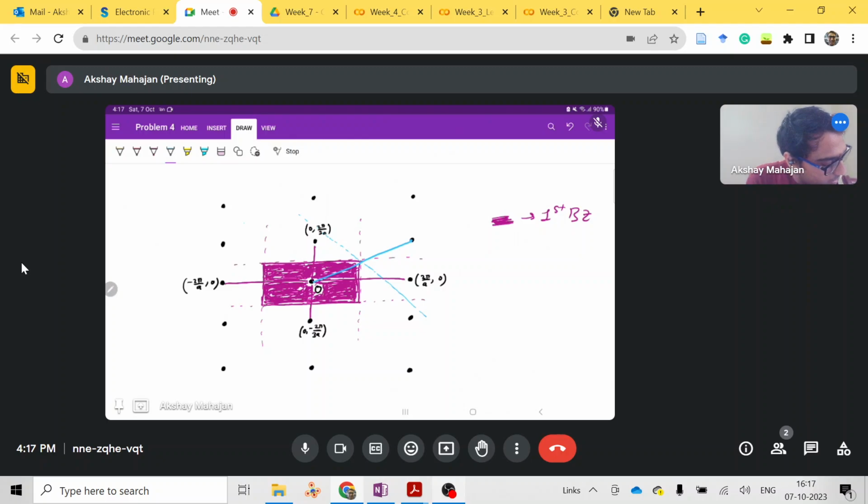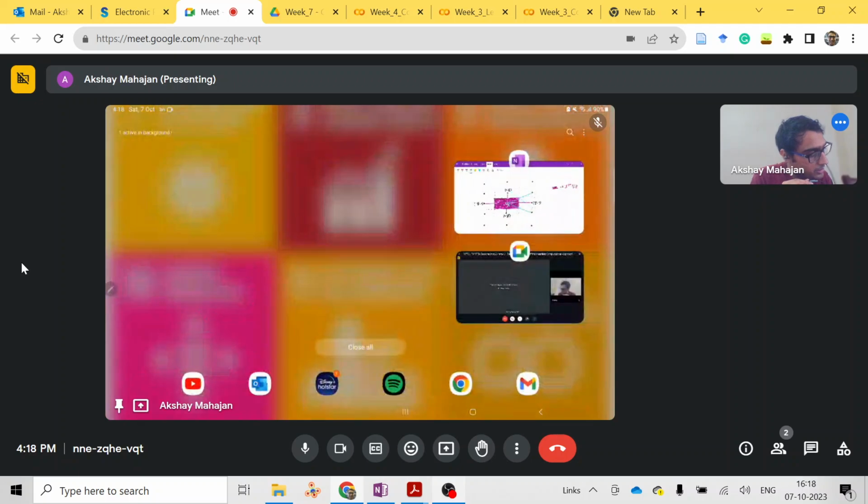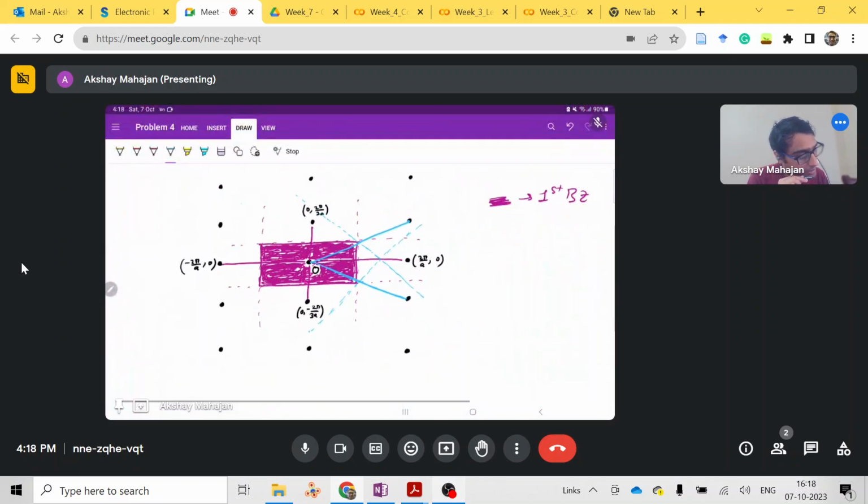Then we can connect our lattice point with this one. Next nearest neighbor will be this, and its perpendicular bisector also. My drawing is not that good, but I hope you can understand that it must go through this line. Then again I will have one point here.